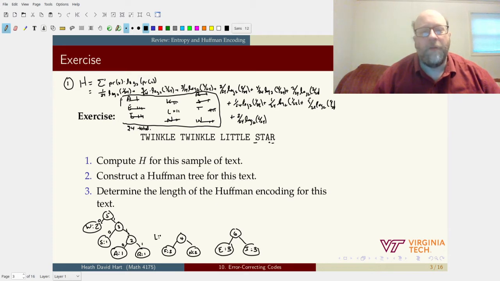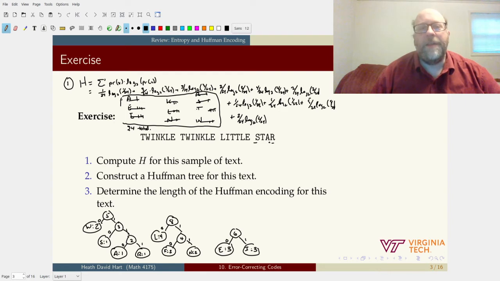So L has a weight of 4. Oh, I didn't label my 0s and 1s here. Let me do that. L has a weight of 4. It combines with this node with a weight of 4 to give me a total of 8. And then this gets me a 0. This gives me a 1. All right. The L is taken care of.